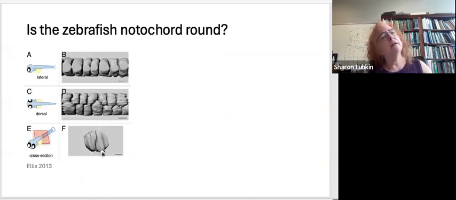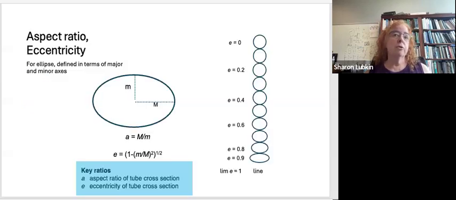I looked at this and squinted and said, is that a trick of the perspective? Is that not exactly a right angle cross section, or is that thing off round? So we went in and measured more carefully, and it turns out that there is some off roundness to these notochords.